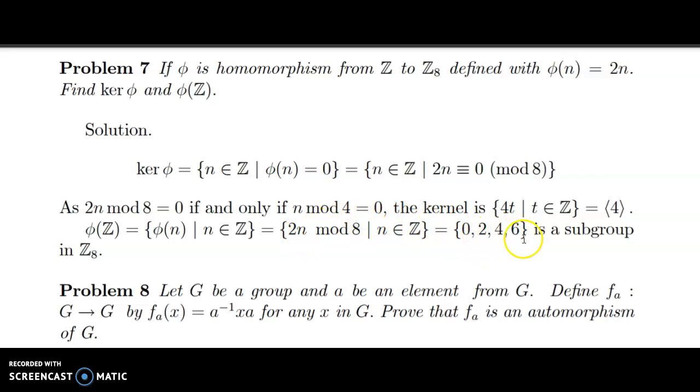And we cannot get 1, 3, 5, and 7 because they are odd. And here, when you reduce an even number mod 8, the result is always even. So this is a subgroup of Z8, the subgroup generated by 2.